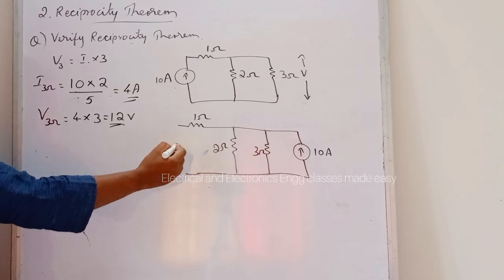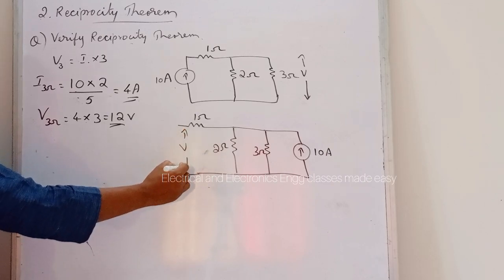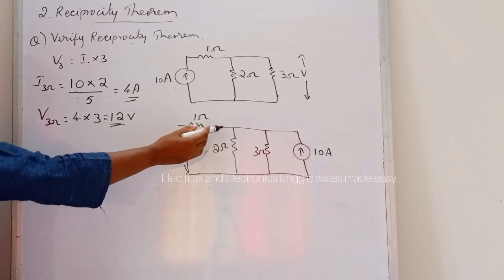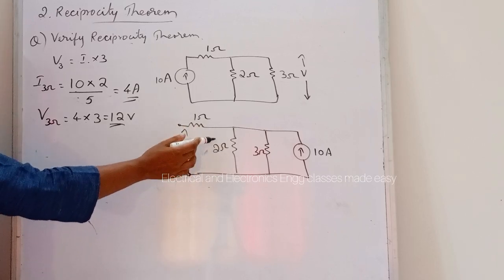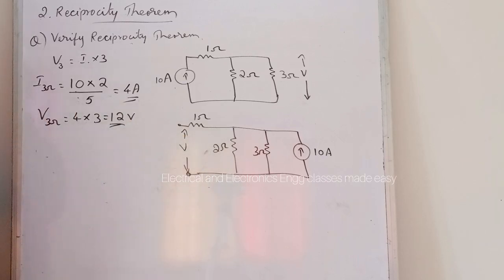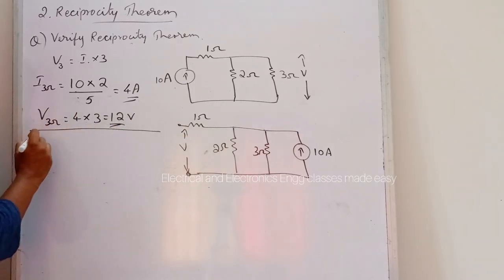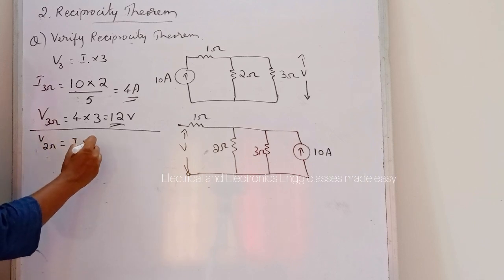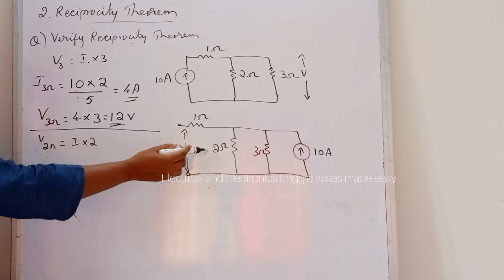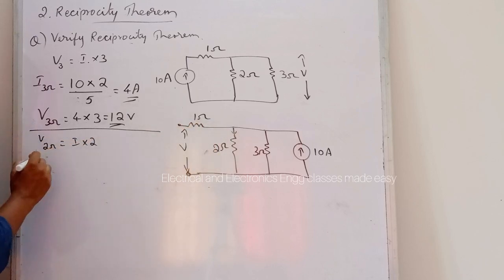So here that is the input and this is the output. So output here means the voltage across these terminals, that is, here this is open, so we can find the voltage across this 2 ohm resistor. So voltage across this 2 ohm resistor is equal to current into 2. Then we can find the current through this 2 ohm resistor.